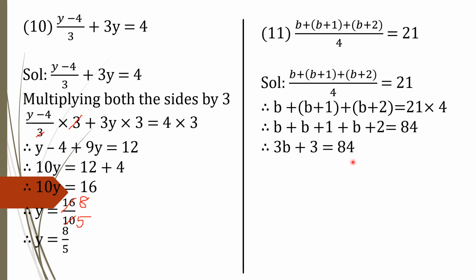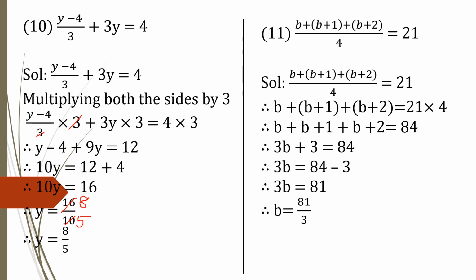Now we'll bring this number plus 3 to the right hand side. It will become minus 3. Therefore 3b equal to 84 minus 3. So you'll get, therefore, 3b equal to 81. Now let's find out the value for b. Therefore b is equal to 81 upon 3.